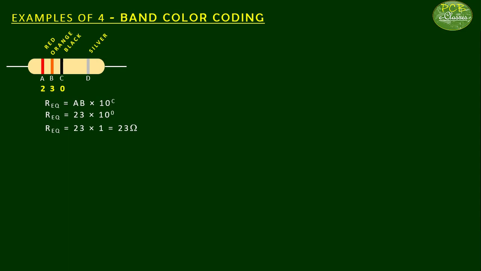Moving to the next one. Again, how many color codes? 4. First one is brown, next one is green, third one is black. So what is the first one? First one is the brown. What is the color code? 1.